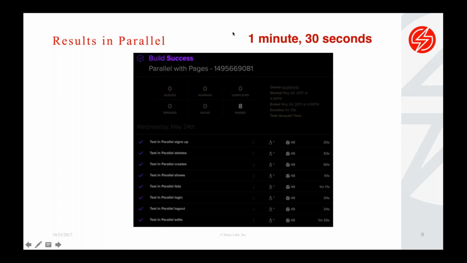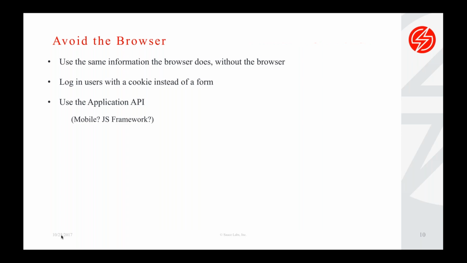But when I ran it in parallel, it only took about 1.5 minutes. So just by cutting out some of the common repetitious things that get done, and if you have enough bandwidth to run these all at the same time, you can see drastic reductions in the amount of time it takes to get the overall results from your test suite.